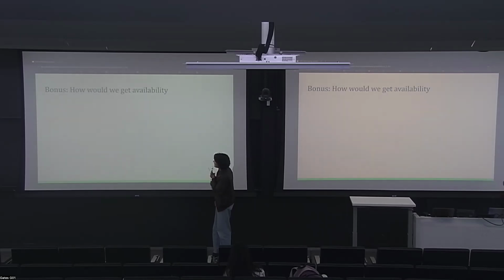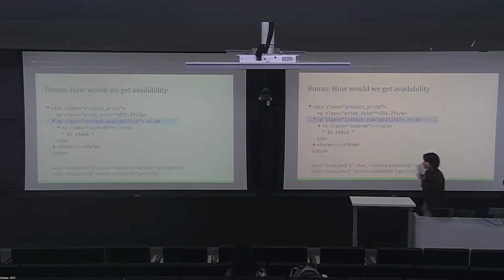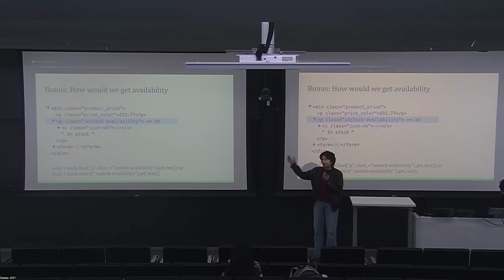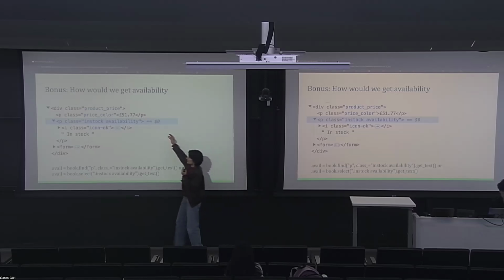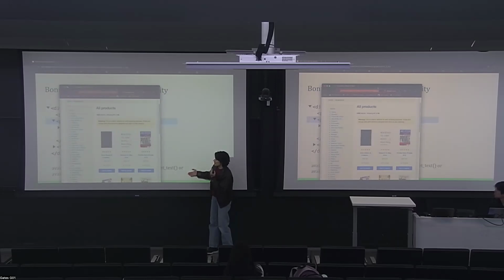I'll go over this. This is an extra treat. How do we also get availability? If we look at the inspect element thing, the HTML code, we can see that there's also a place for in-stock availability. So we can get it through either of these two ways.